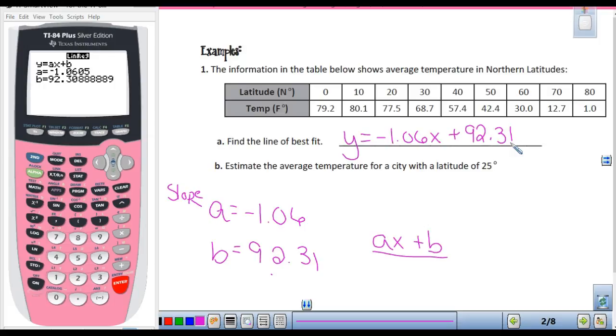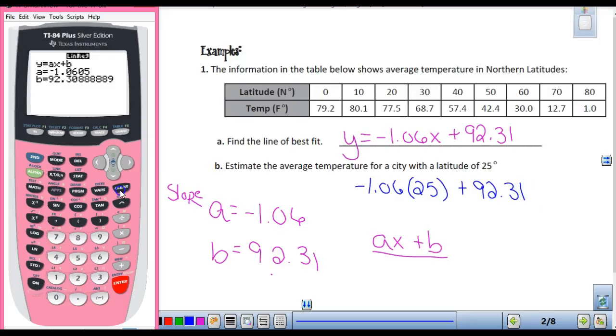Now it says estimate the average temperature for a city with a latitude of 25 degrees. So what do we have to do with that 25 degrees? Yeah, we're going to plug that in. So we're going to go negative 1.06 times 25, hit enter, and then we're going to add our 92.31.